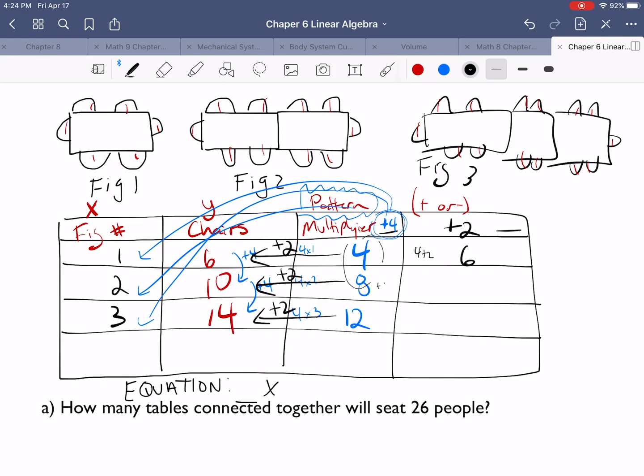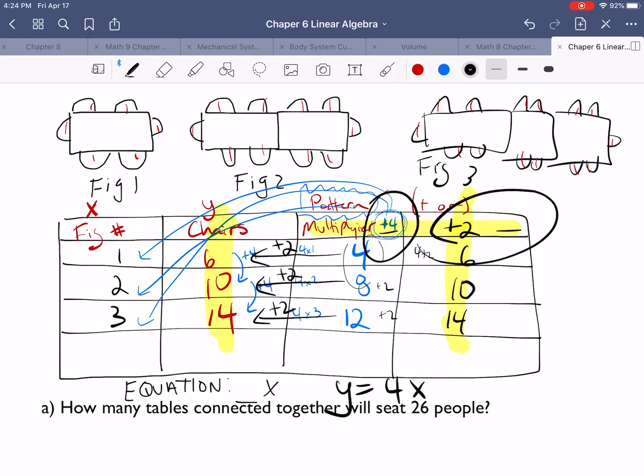We go 8 plus 2, which is 10. We go 12 plus 2, which is 14. We check to see that this is the same as this, and it is. So I have my formula now. My formula is derived from this number and this number. So my formula is y equals 4x plus 2, yes.